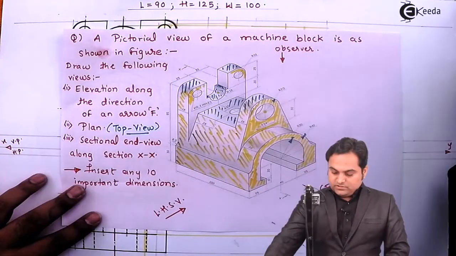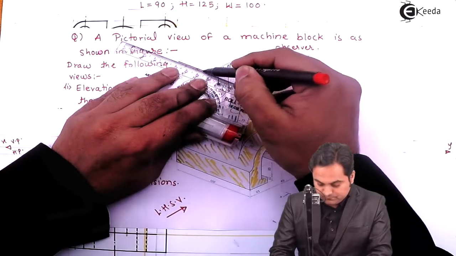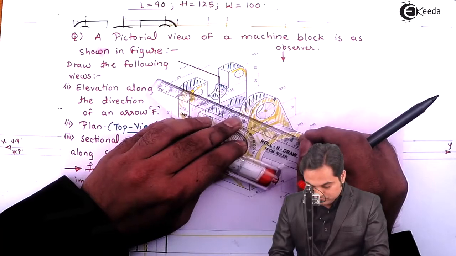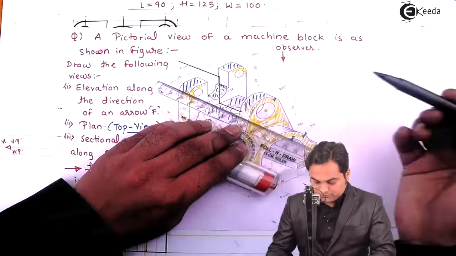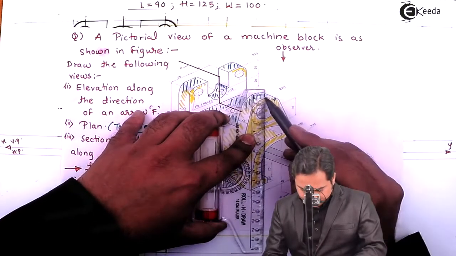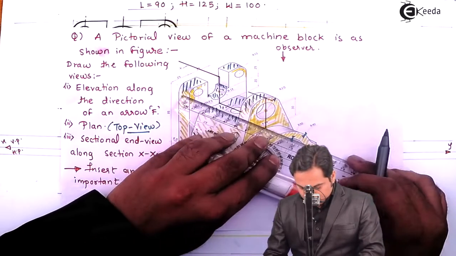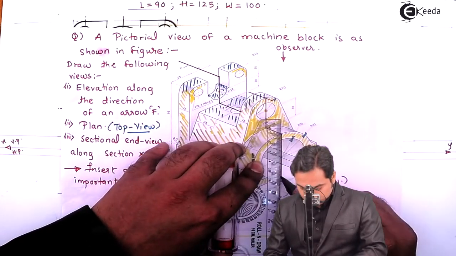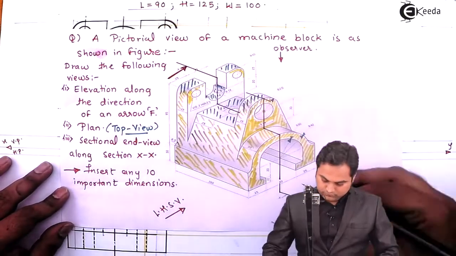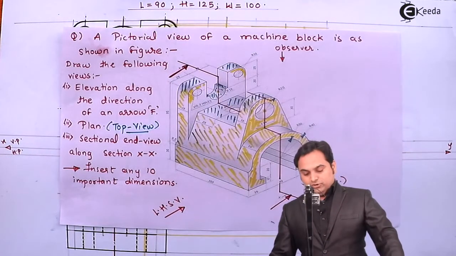So here, when this object is getting cut about the line X, so this is the line along which the object is going to cut.